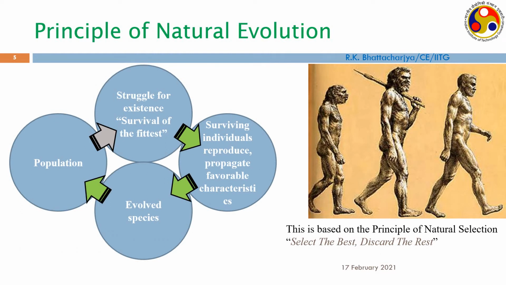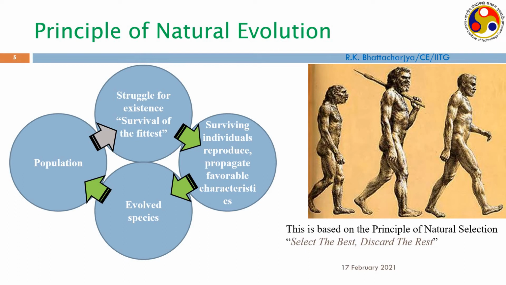Now, what is the principle of natural evolution? What is happening in nature? If you look at the evolution cycle in nature, the first part is the struggle for existence, that is, survival of the fittest. You are struggling to survive, and the natural law is the survival of the fittest.